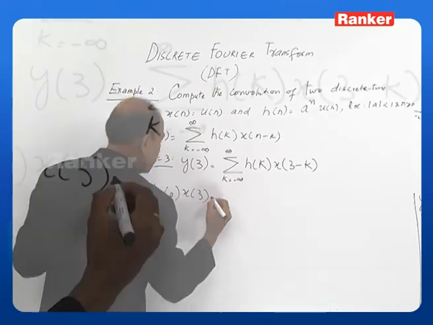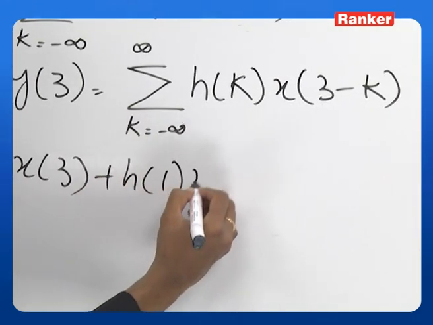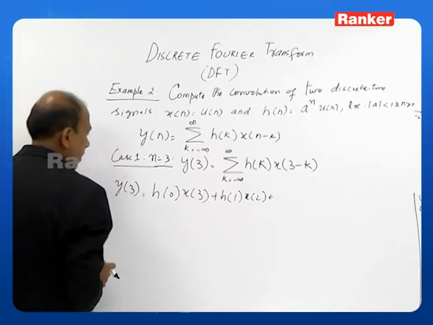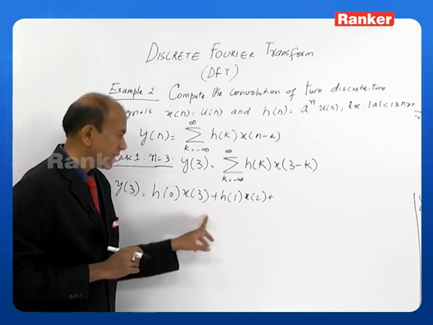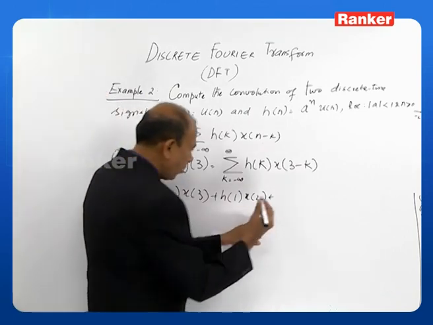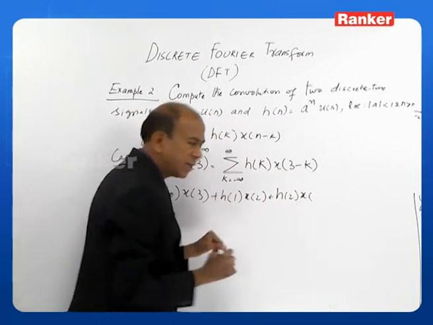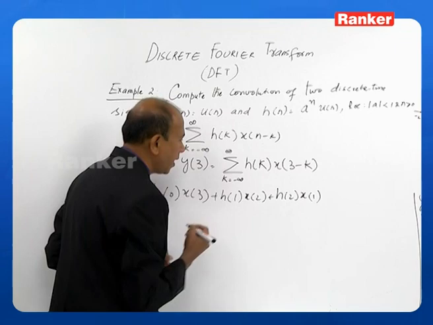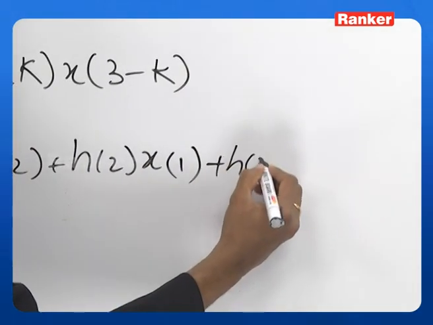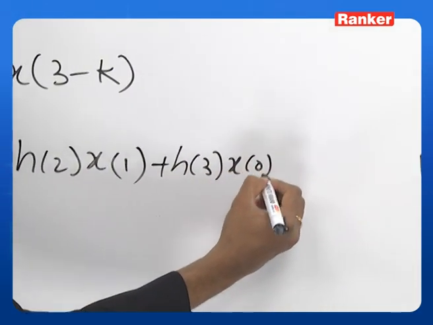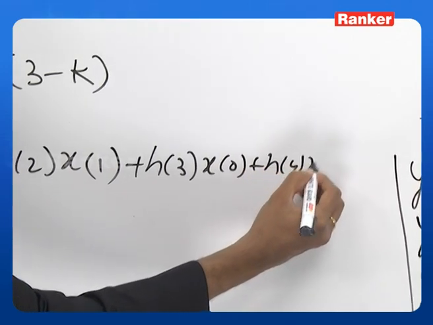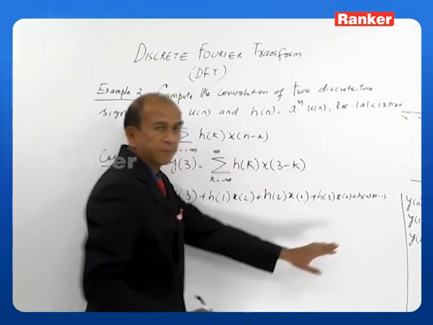Then comes h of 1, x of 2. So this is h of 0, x of 3 plus h of 1, x of 2 plus now h of 2 and x of 3 minus 2, that is 1, plus h of 3, x of 0 plus h of 4, x of minus 1 and so on.